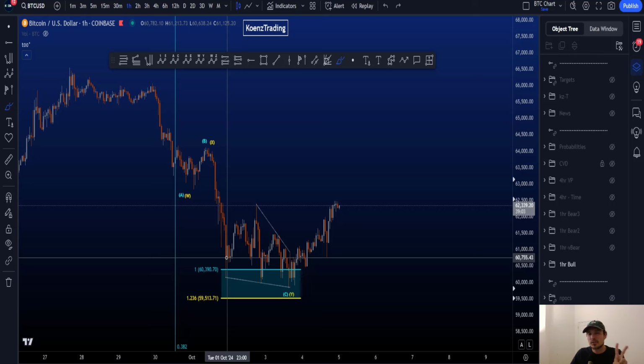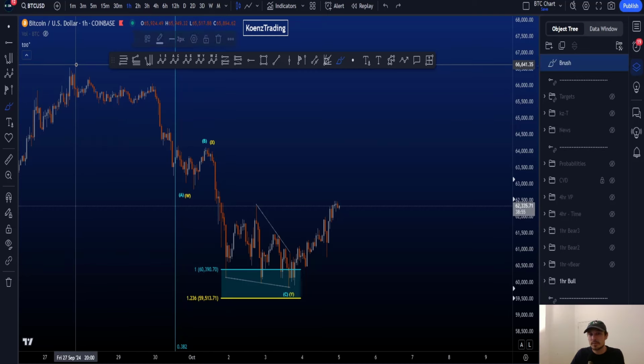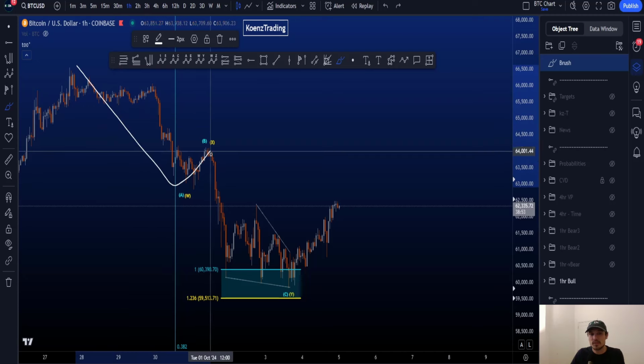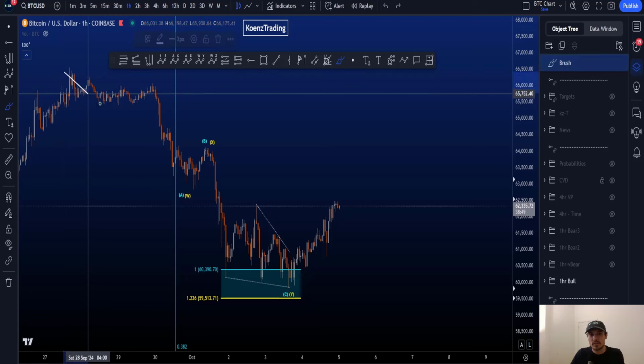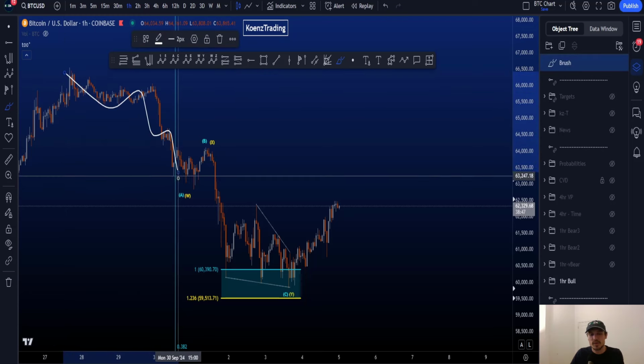However, there are two things that I have to talk to you about that do impact the probabilities for this scenario. First of all, if we look at this being an ABC zigzag, which is a 5-3-5 wave structure, then inside wave A, we have to count a 1, 2, 3, 4, 5.